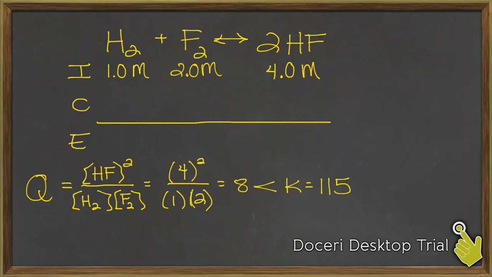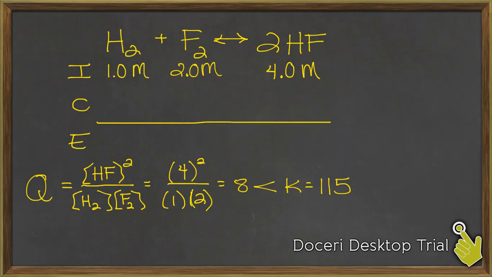It is less than. Okay, and let's think back to the last lesson, guys. If Q is less than K, which direction is this going to shift? Remember, a Q that is smaller than K, that means we don't have enough products. We need to make more.